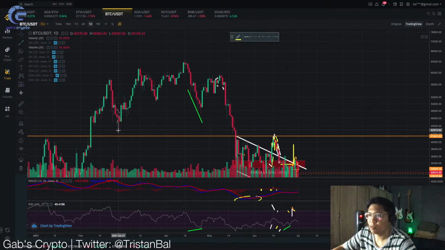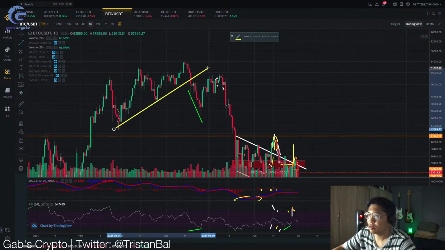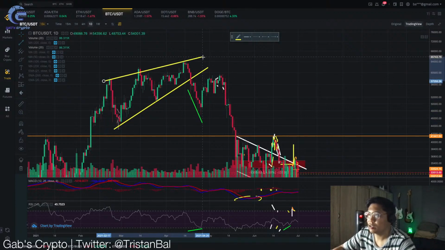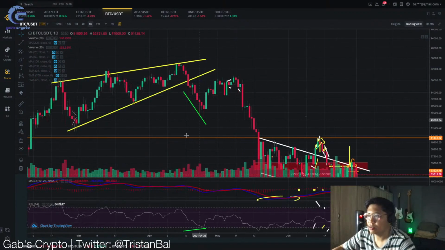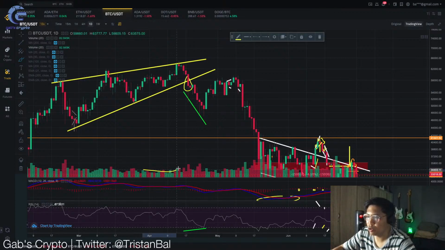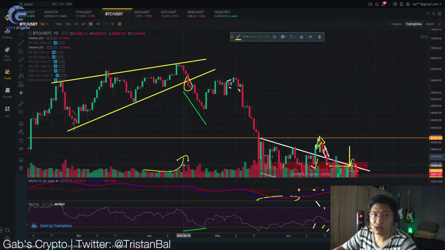So this one is actually a rising wedge, pero nag-breakout tayo. Para masabi natin na confirm siya, kailangan tumaas yung volume niya. And ayun na, nakita natin tumaas si volume dito. So that was a confirmed breakout.